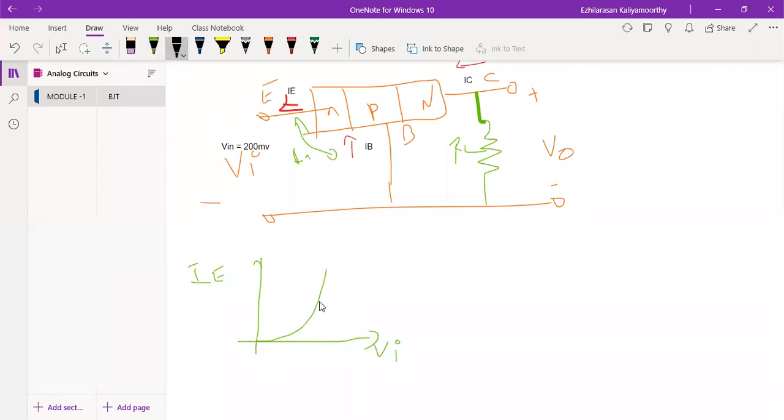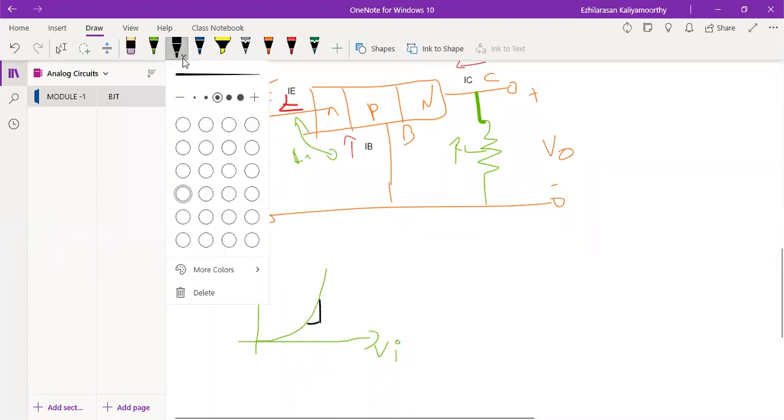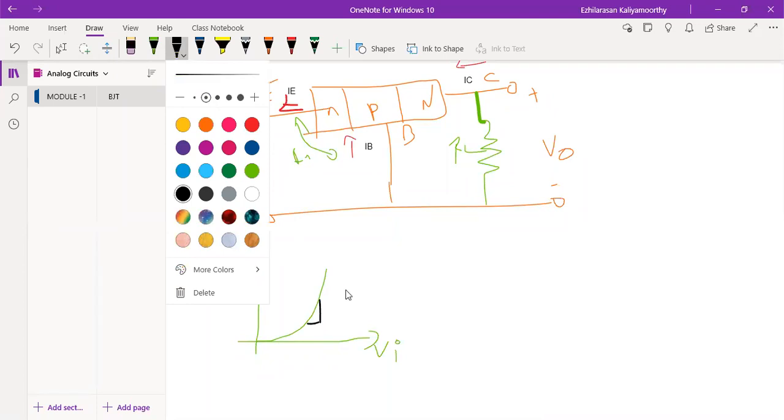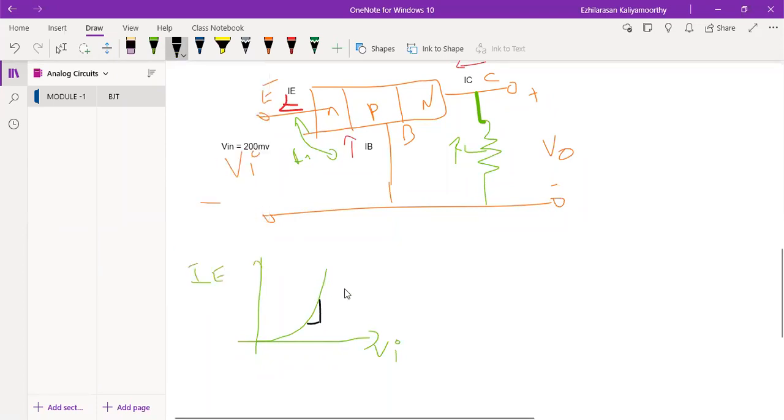Normally the slope is like an inversion, so the slope is equal to 1 by R. It is not linear, it is inversely proportional, 1 by R.